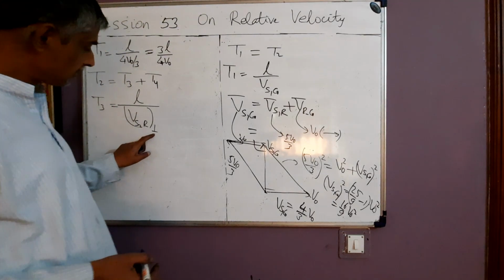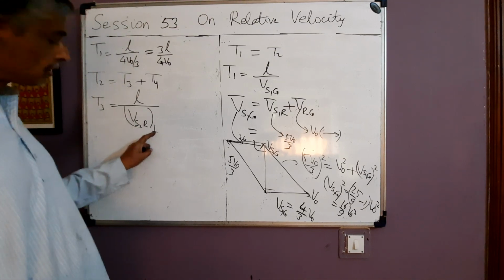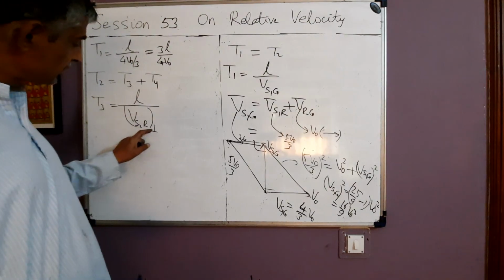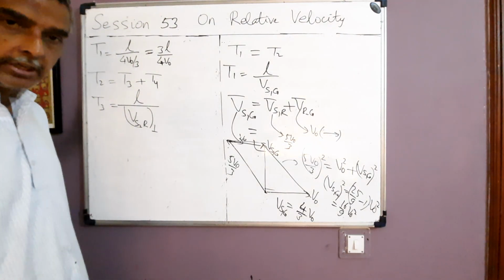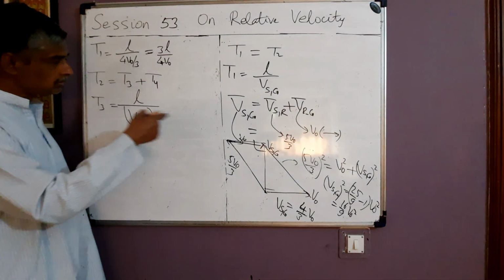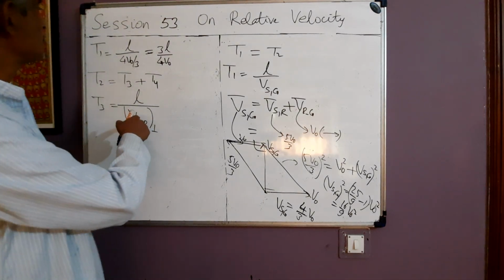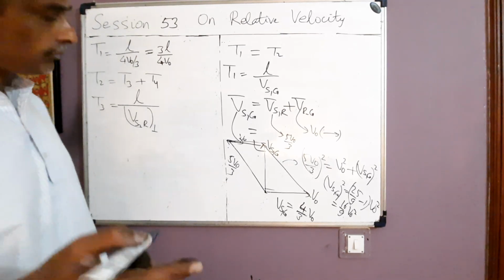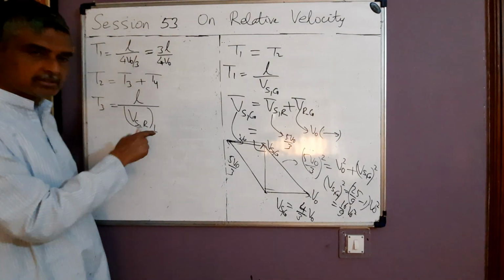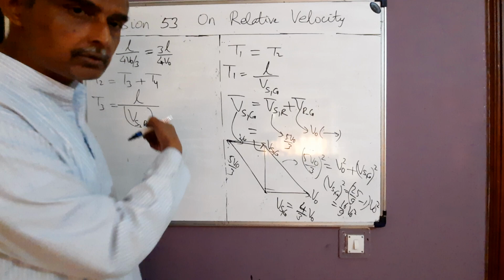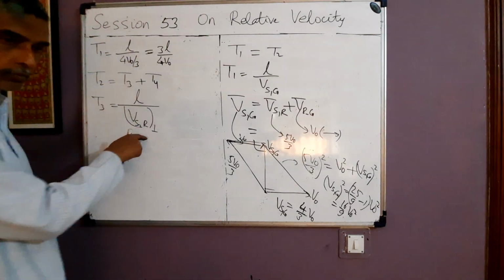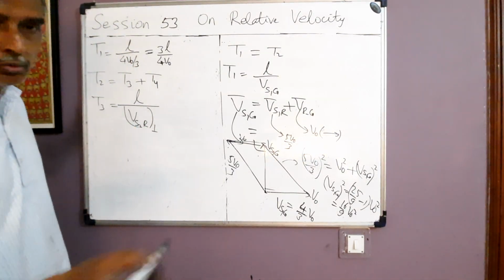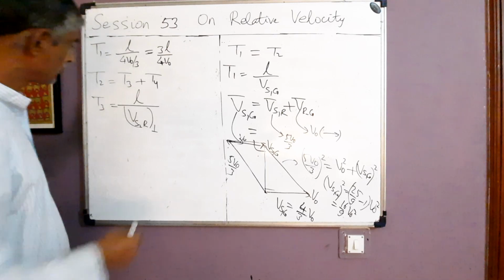Now this problem on minimum time has already been covered in the 47th video. In the 47th video, this information for minimum time is given. You can refer to that video and you will get this detail. So I am directly using that result.